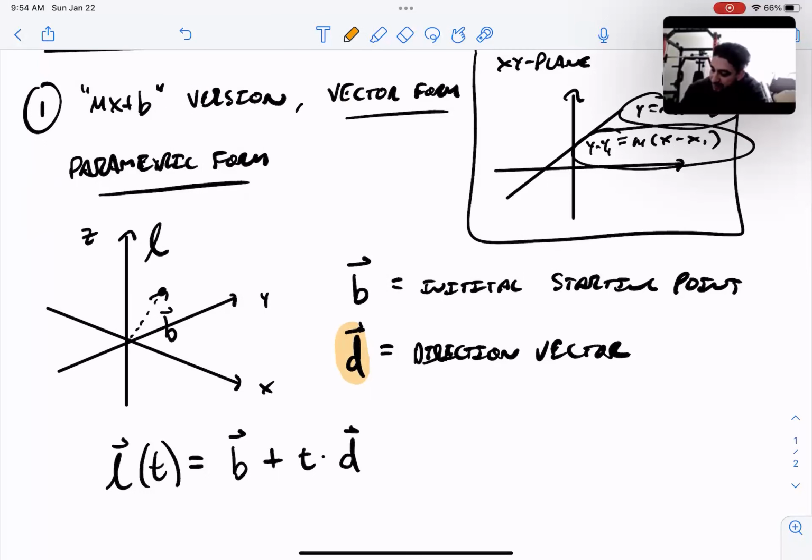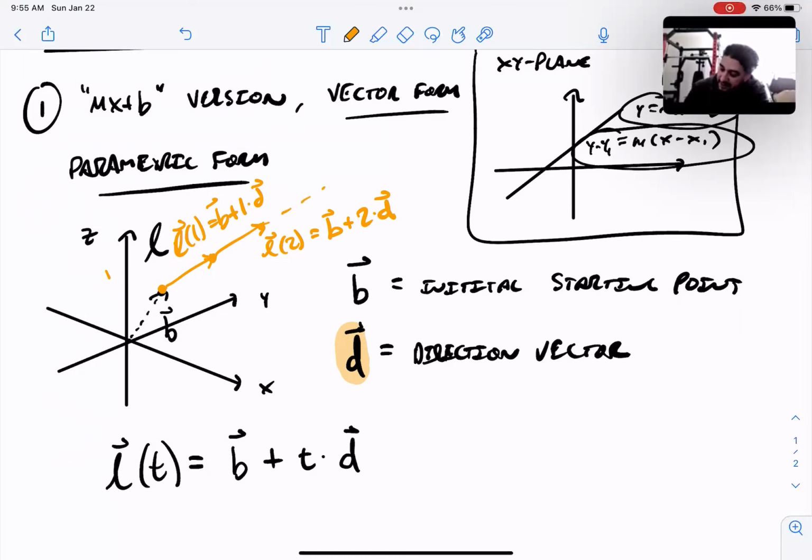This point would be B plus 0 times the direction vector. This point here, L of 1, would be B plus 1 times the direction vector. Then you could go out here to L of 2, which would be B plus 2 times the direction vector, and so on.